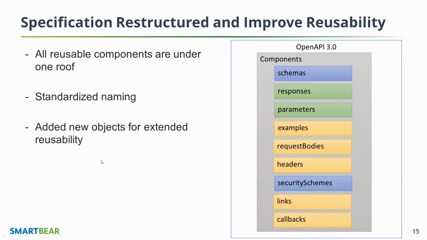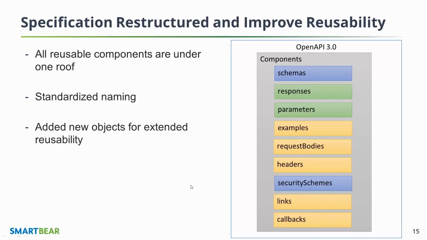We added examples and headers, which did exist in 2.0, but now you can actually reuse those. And if we talk about naming, we also renamed some of the components to make it just easier to understand what they are.